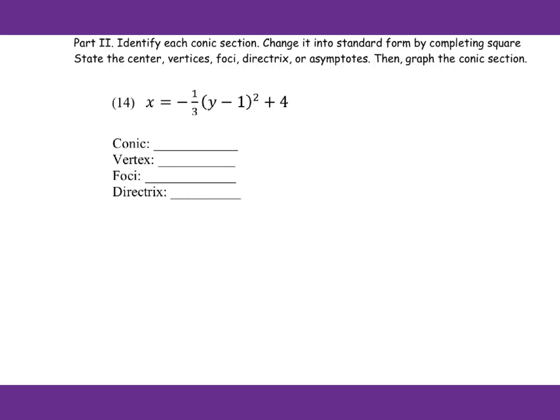This is the parabola. We got the A that equals -1/3. So P equals 1/4A, that's the absolute value. Therefore, you will get 1/4 times -1/3.